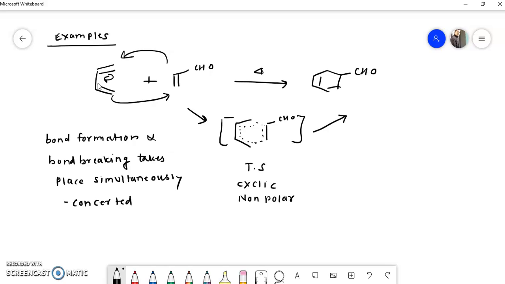And this class of organic chemistry is known as pericyclic chemistry. You remember this, pericyclic reactions or pericyclic chemistry. So this is one type of pericyclic reaction.